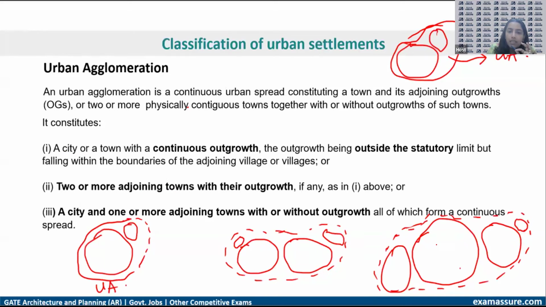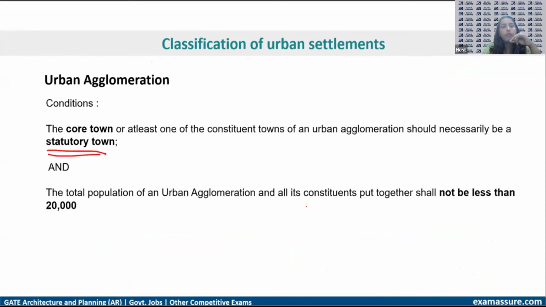So it could be, let's say, this is a statutory town and these could be census towns, and that is okay. Or this could be a census town, statutory town, this could be a census town, that is also okay. But one has to be a statutory town. And the minimum population has to be 20,000. It should not be less than 20,000.